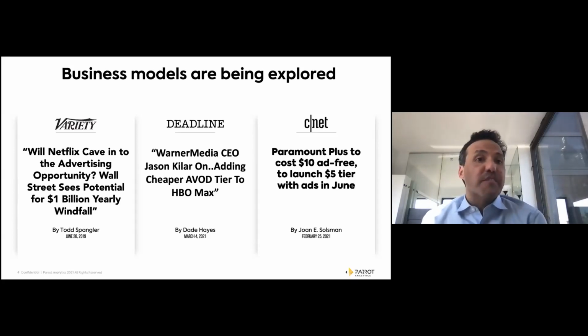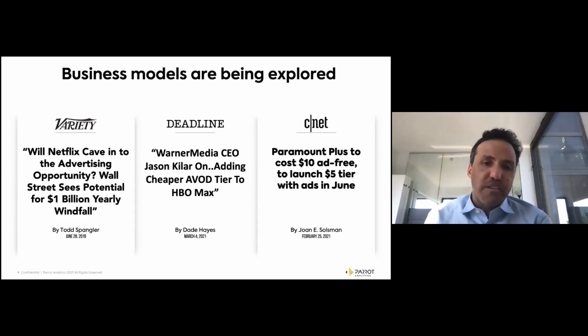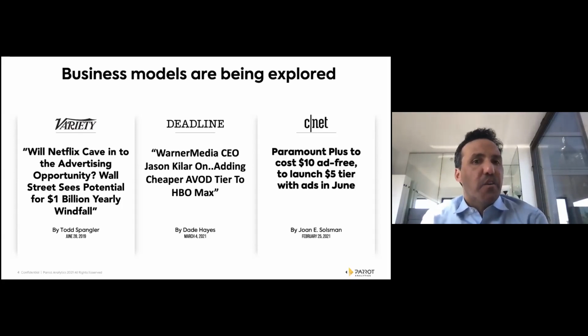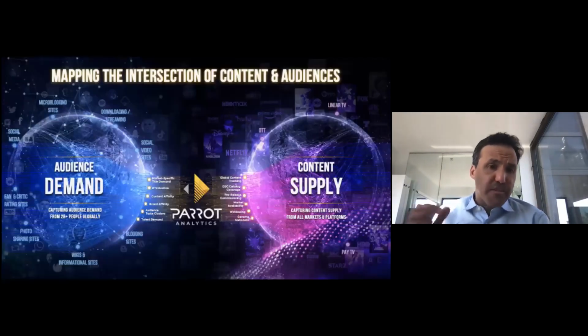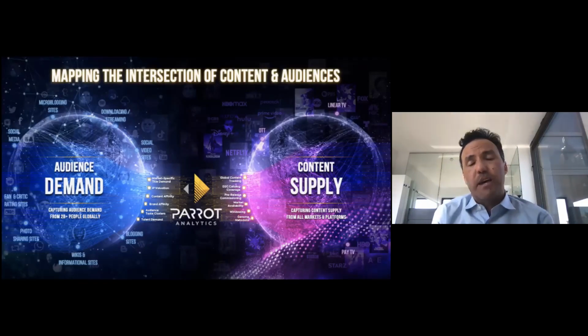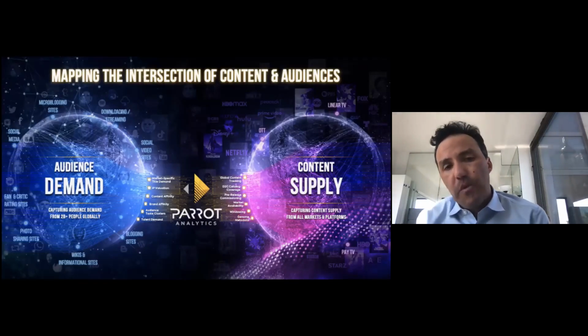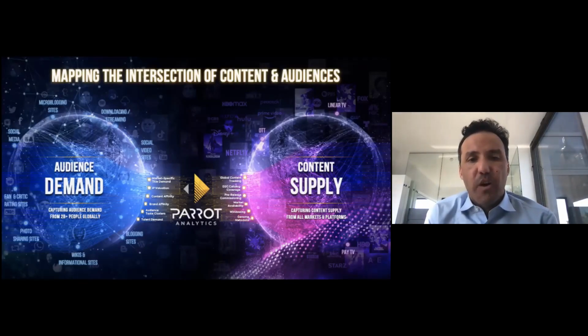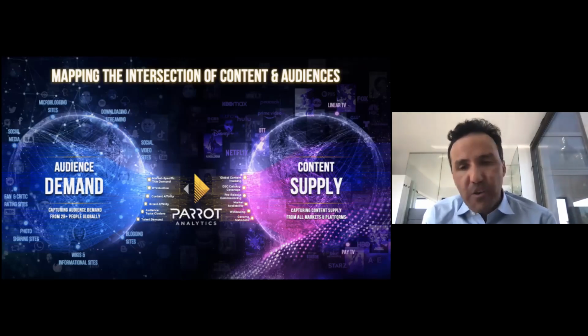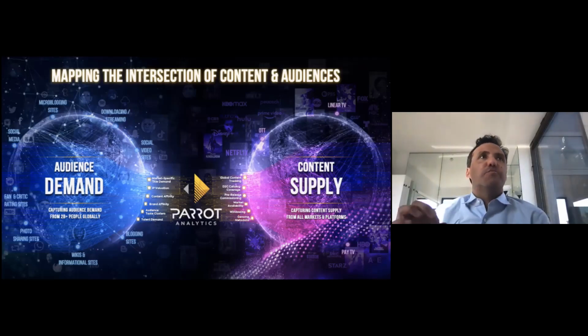The purpose of this presentation is to see what the data says in terms of what works for which business model. For that, we have the advantage of looking at the world from the optics of audience demand and content supply. What that means is that at Parrot, we track thousands of titles. For all of these titles, we know where the title is present.